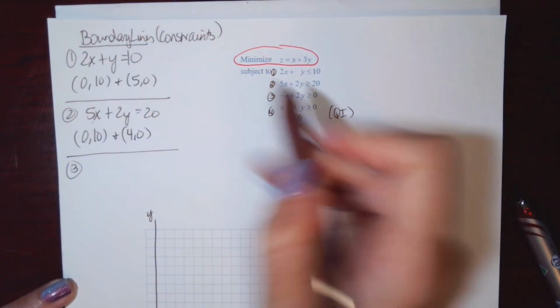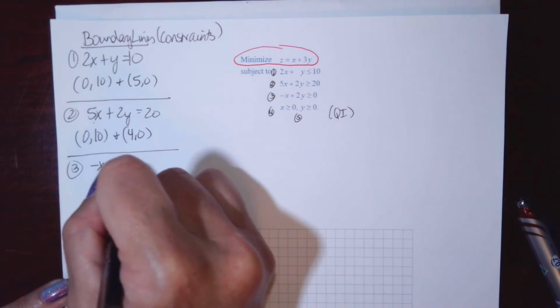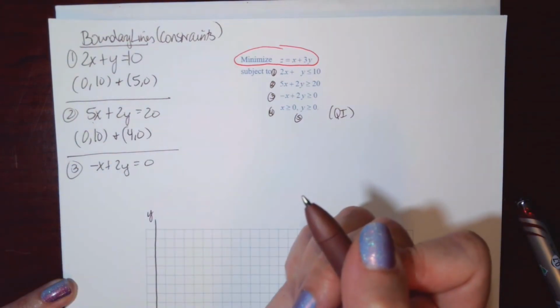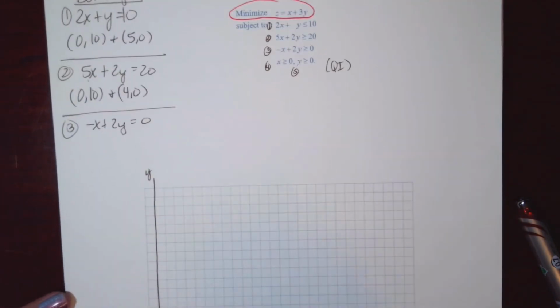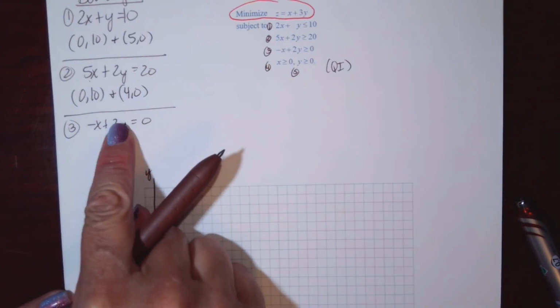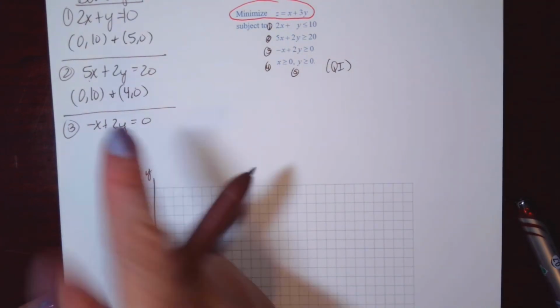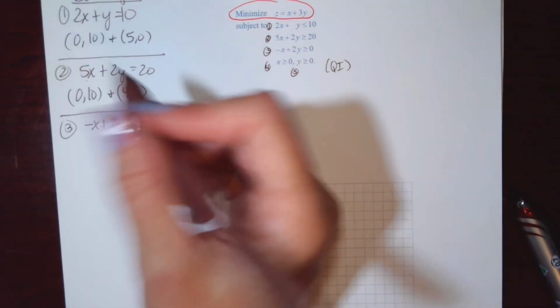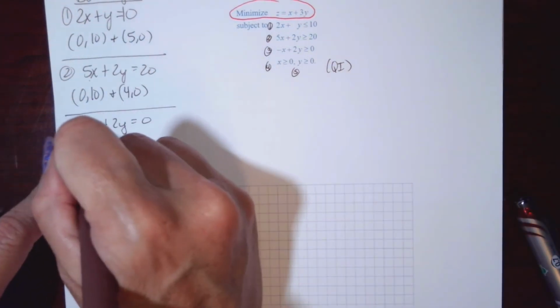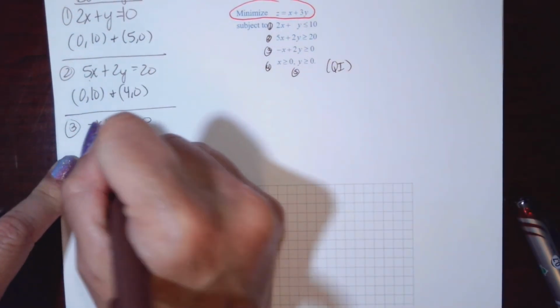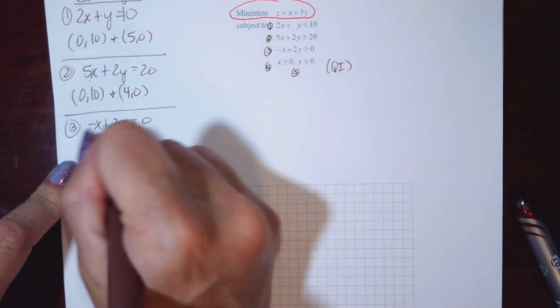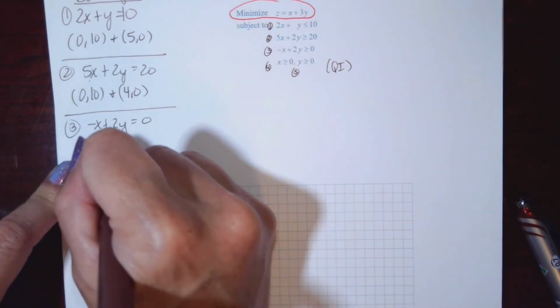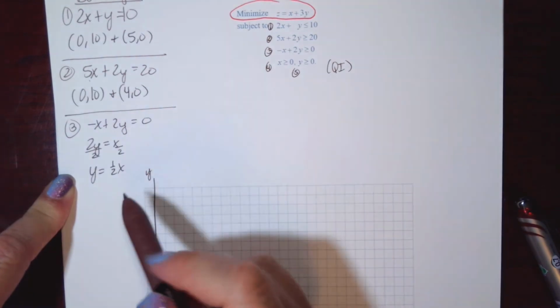My third boundary line is at negative x plus 2y equals 0. If x is 0, y is 0 here, so it goes through the origin, but that doesn't give me a second point. So let's solve for y. Let's do 2y equals x plus 0, so I would divide both sides by 2, so I get y equals 1/2 x is my boundary line here.